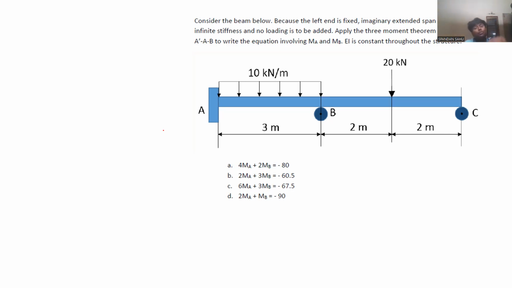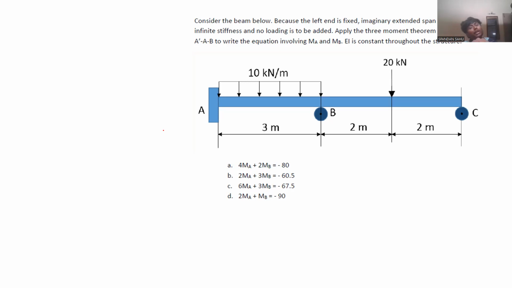That means, suppose A, that is A naught. M A naught into L naught by I naught, where I naught will be infinity. So that part will be zero. Then you write 2MA times length of that one, which is obviously zero, plus this one, plus on the right-hand side 3 upon I, MB times the length of AB.